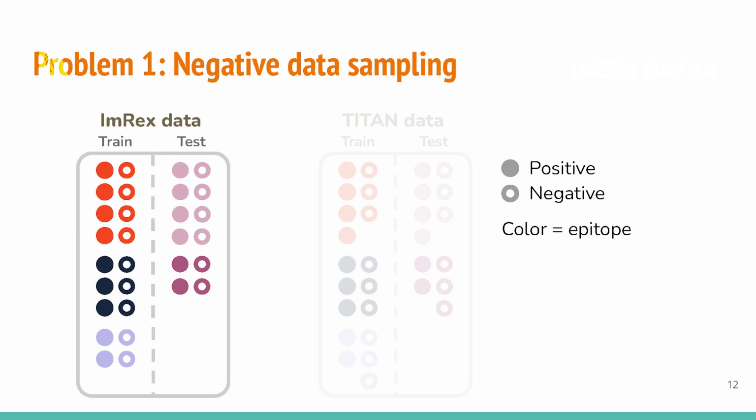I think you can see what is happening here. And this actually introduces a bias. For some epitopes, there are more positive than negative samples in the training data set, while for others there are more negative than positives. And this is a problem because the machine learning model will learn this bias.